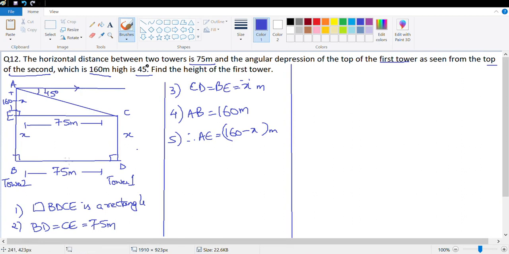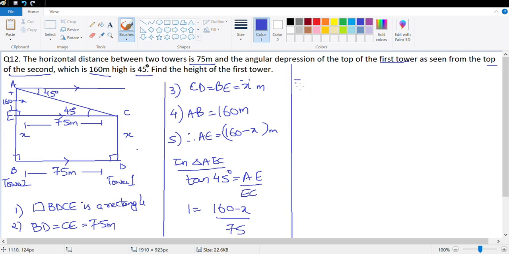This is parallel to this and parallel to this as well, which means angle of elevation is 45 degree. So in triangle AEC, I have tan 45 degree is equal to AE upon EC, which means 1 is equal to AE, which is 160 minus x, and EC is 75, which means 160 minus x is equal to 75, which means 160 minus 75 is equal to x.